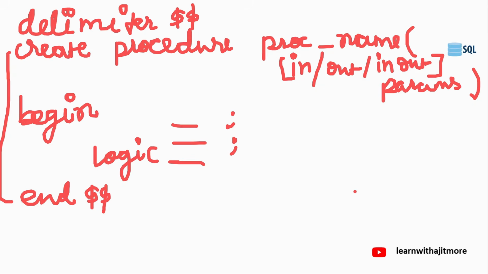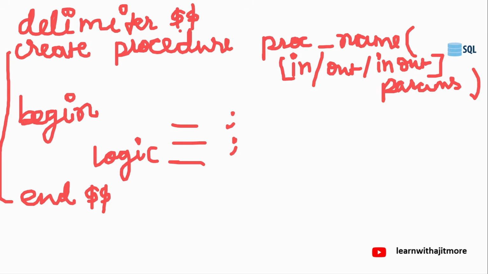So for the time being, you're switching the default delimiter to some other. Instead of dollar dollar, you can use slash slash. Generally, use symbols which are not commonly used. You can give slash slash or dollar dollar, up to you.